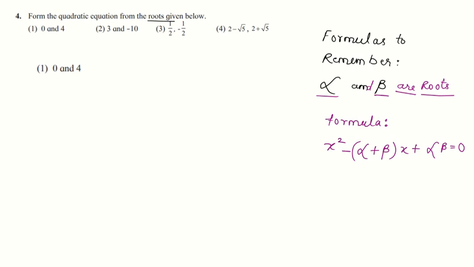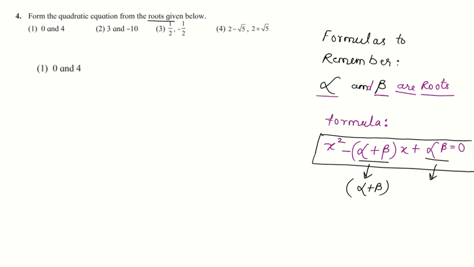The formula where alpha and beta are roots is x squared minus (alpha plus beta) x plus alpha into beta. So we will first need to find the value of alpha plus beta and also the value of alpha into beta, and then we can write the equation in this form.